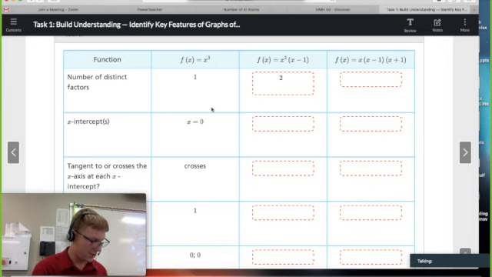I just pulled out my app on my phone, and I'm going to type in x squared, parentheses, x minus 1, close parenthesis, and I'm going to graph that.